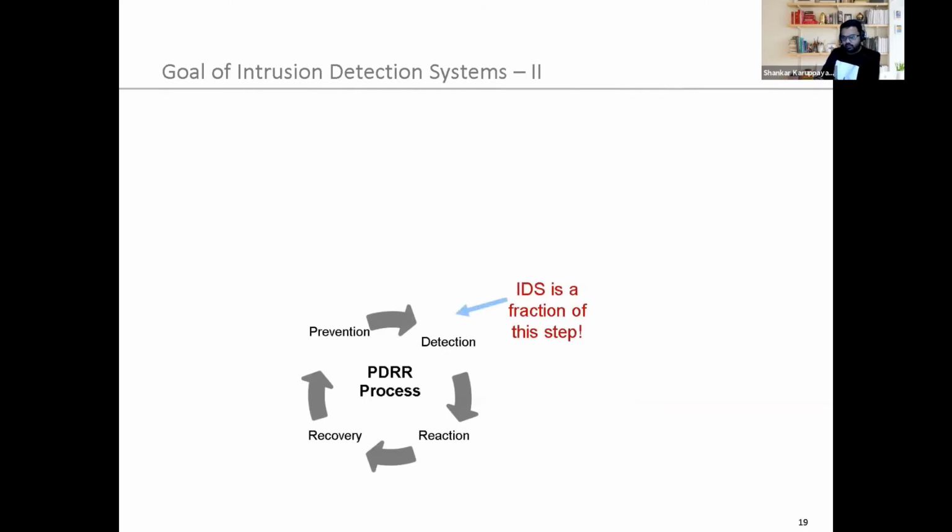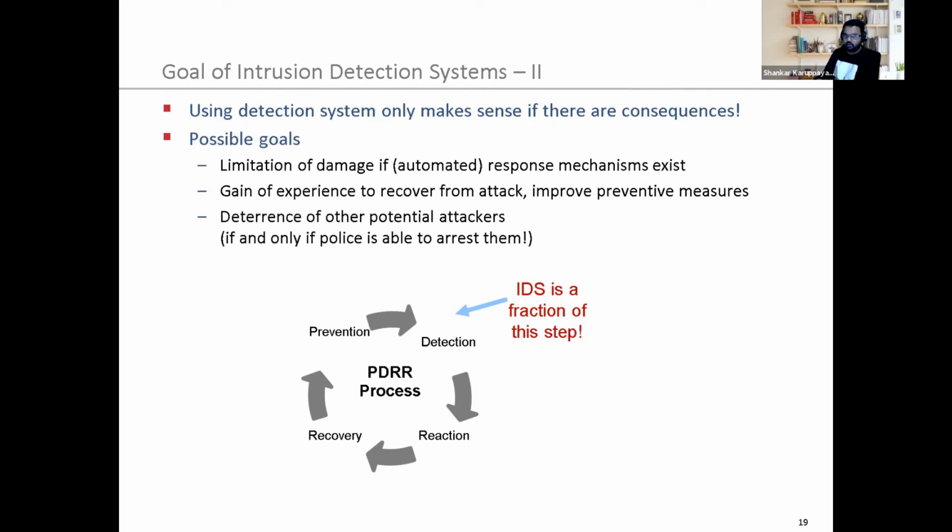IDS is just a fraction of this detection step. There are a lot of things there. And using a detection system only makes sense if there are consequences. Possible goals for this are a limitation of damage if an automated response mechanism exists. What else can we do? We can gain experience to recover from an attack and improve preventive measures.